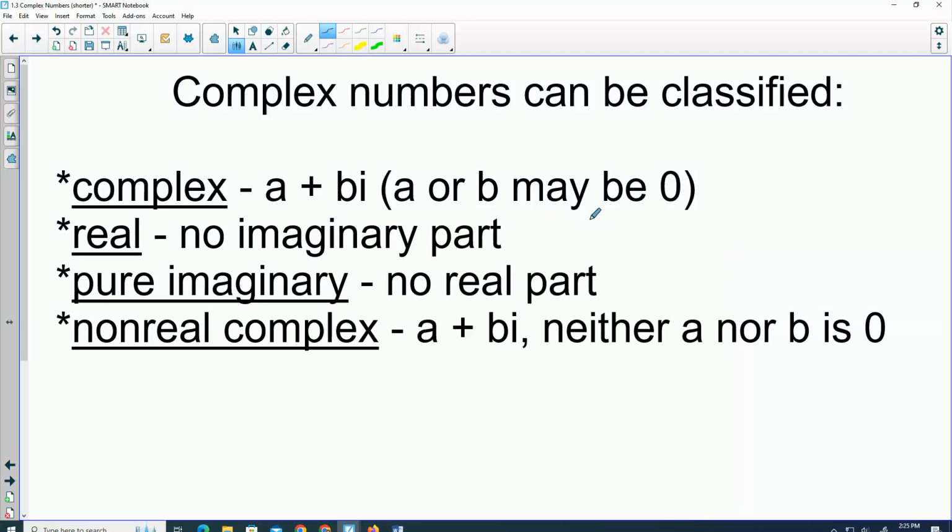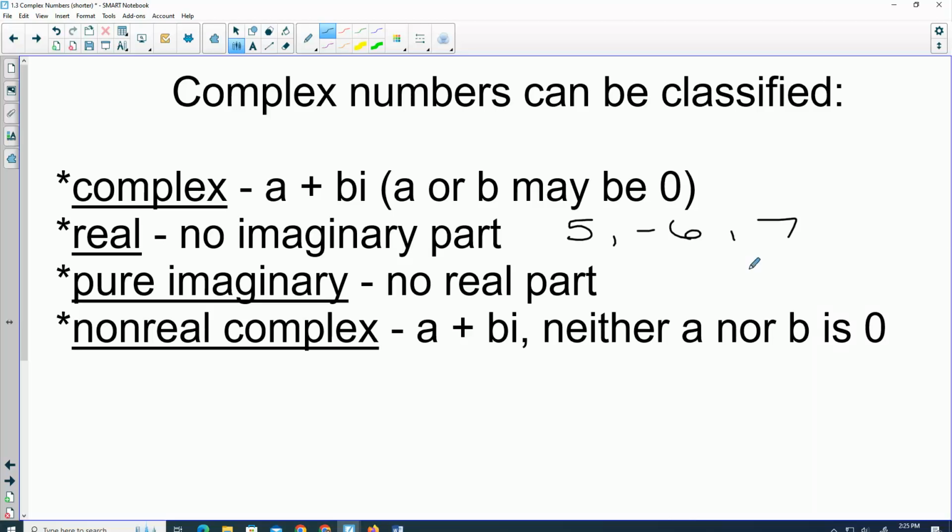So it's just like 5, negative 6, 7. The b is a 0 in those cases. If it is pure imaginary, then we don't have a real part.